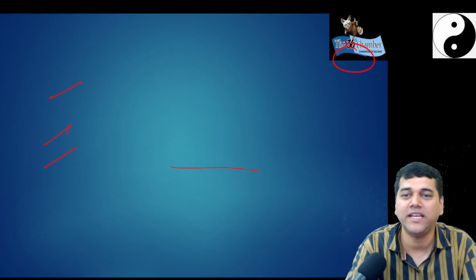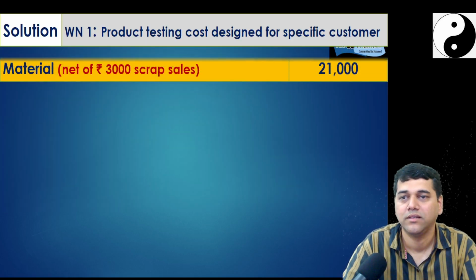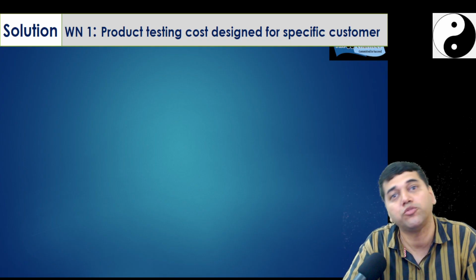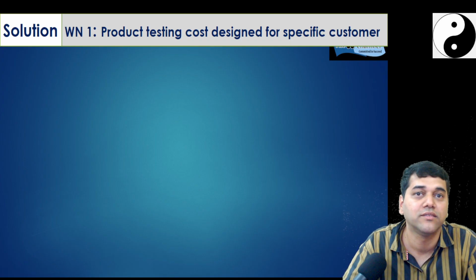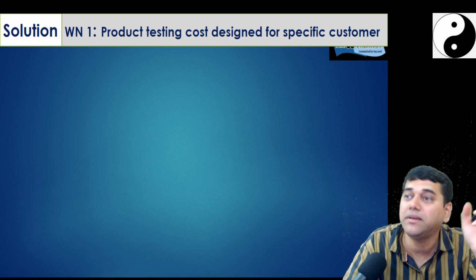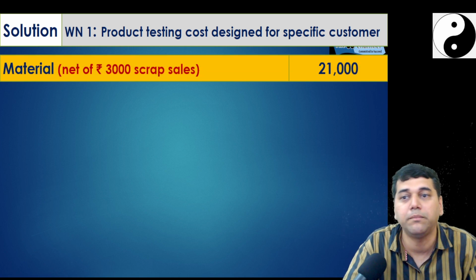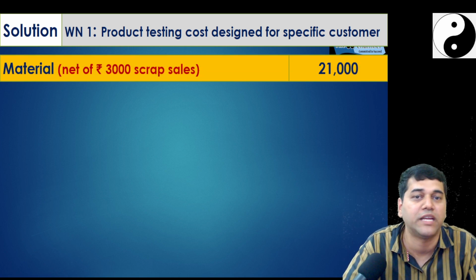Okay, so first write. How much is your material? Should I charge this testing cost to the P&L account or inventorize? That is only in intangible assets. The testing phase will go to P&L, not here. So first you write material net of scrap sales, because that much income you got.